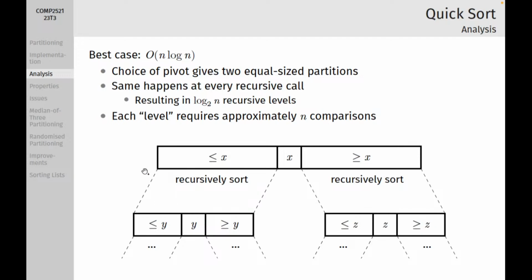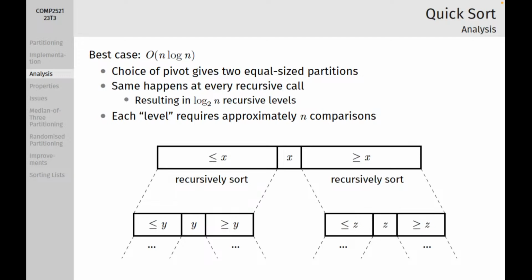Hopefully this diagram makes sense, where we recursively quicksort this half and this half, and then ideally the same thing happens on each of those arrays. We have a good pivot that splits the array roughly in half, and same on the right side, and the same thing just happens all the way down.